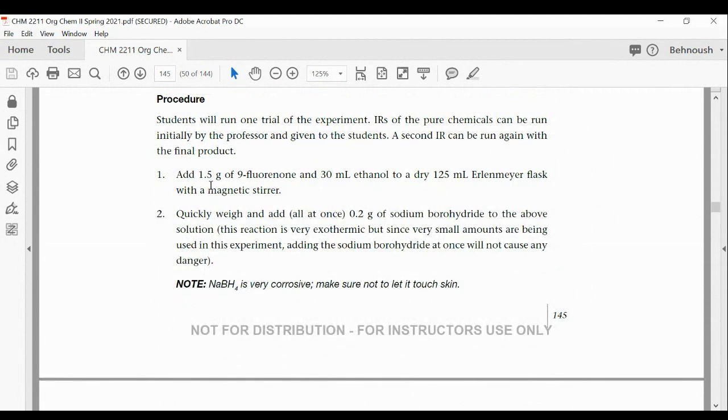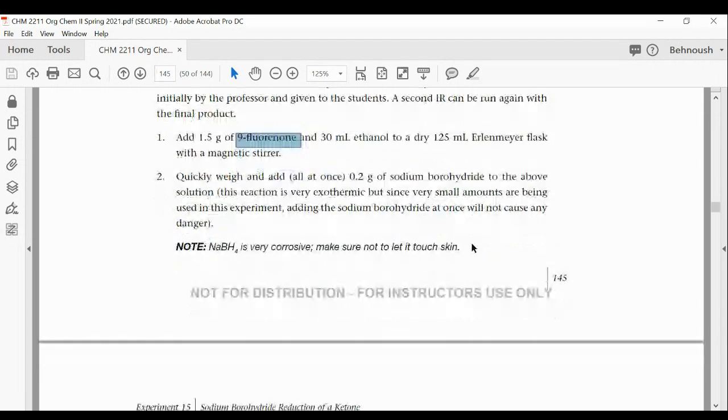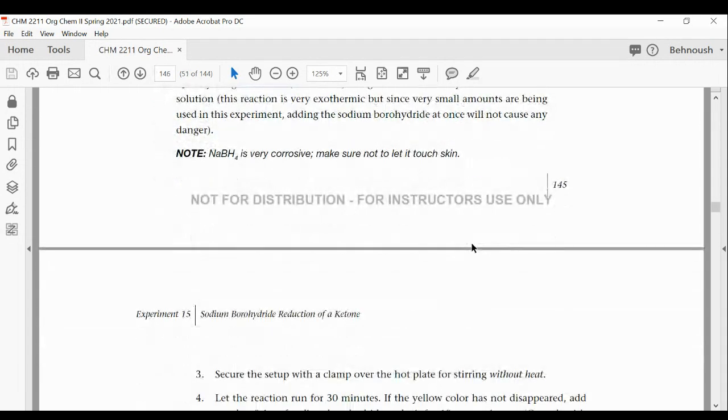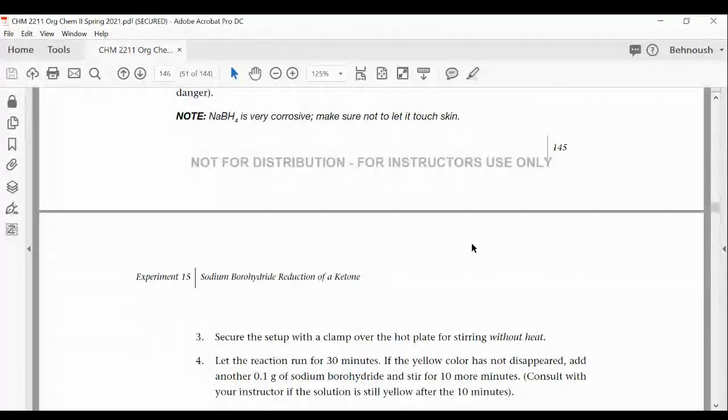At the beginning, you start with the fluorenone, which is a yellow solid compound. You add the solvent ethanol and the reducing agent sodium borohydride, and stir it for about half an hour.